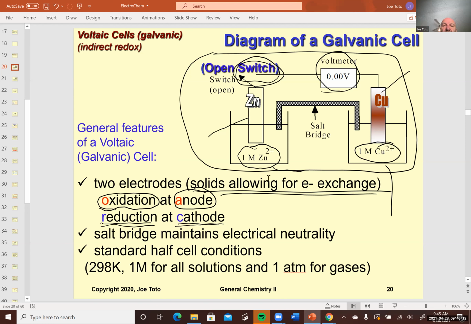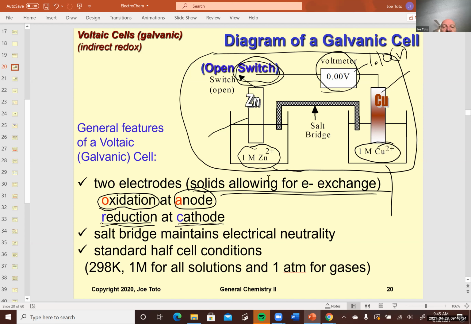The voltmeter reading goes to 1.10 volts. All right. And we can let that discharge for a little while, and then we can stop it.